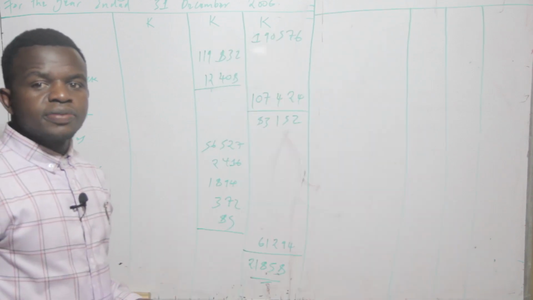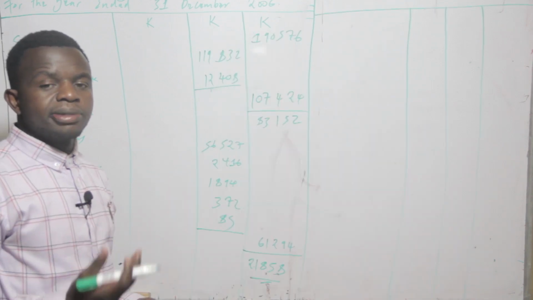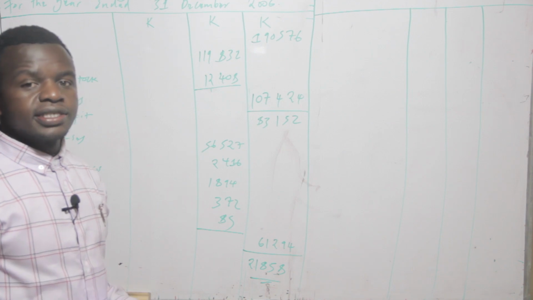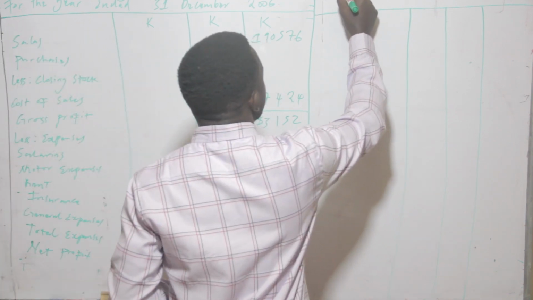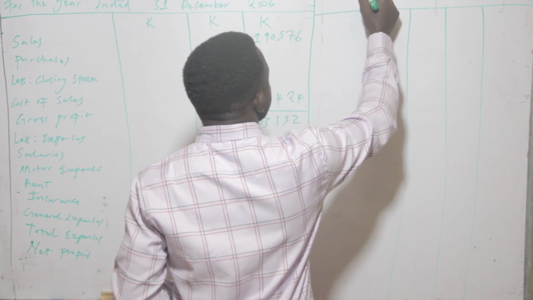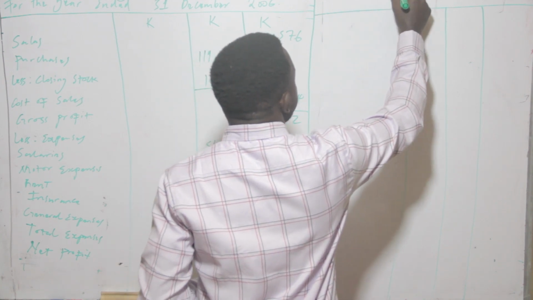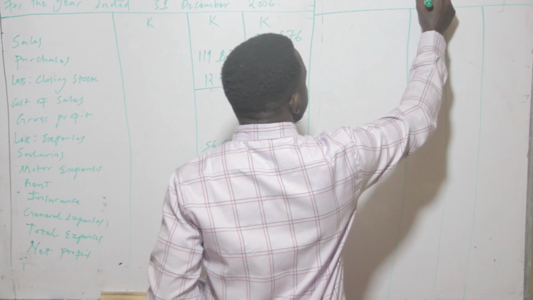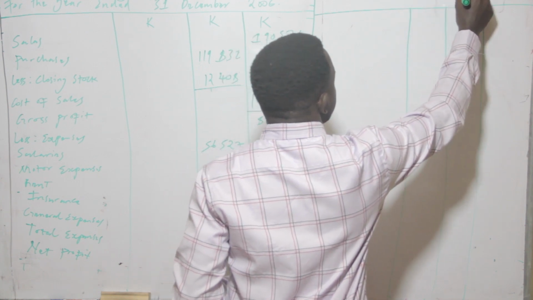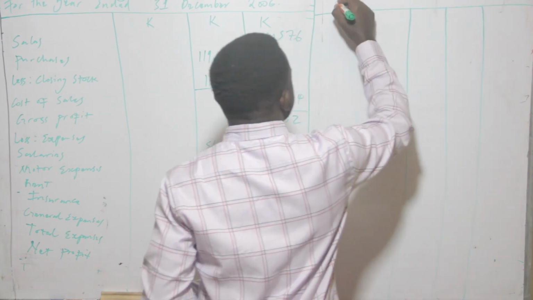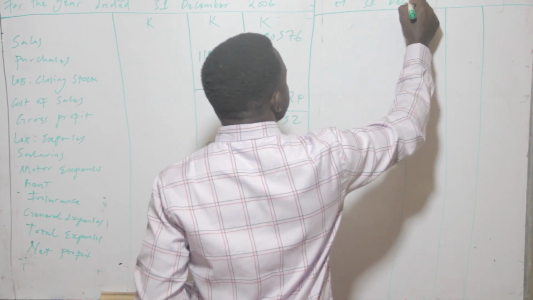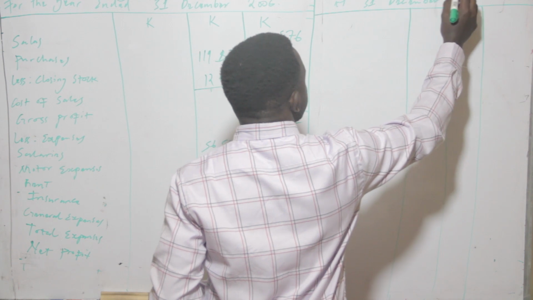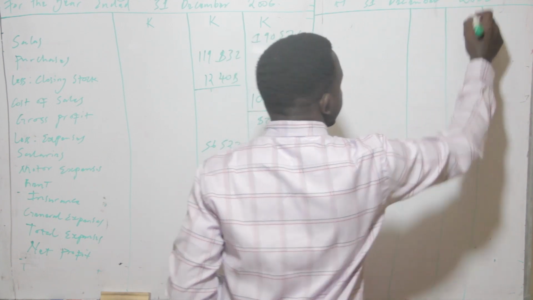So the first thing that I'm going to do when writing down the balance sheet is to put up the title. So the title there, we're going to have Makoko's balance sheet as at 31st December 2006.